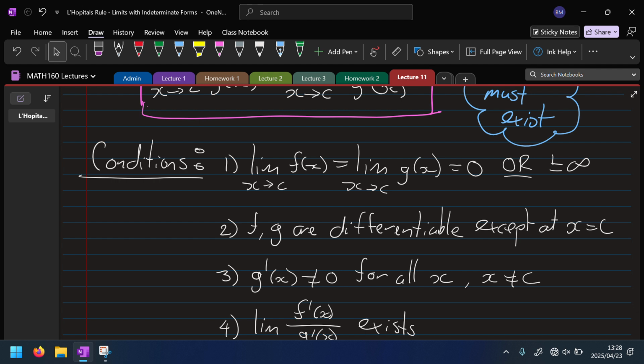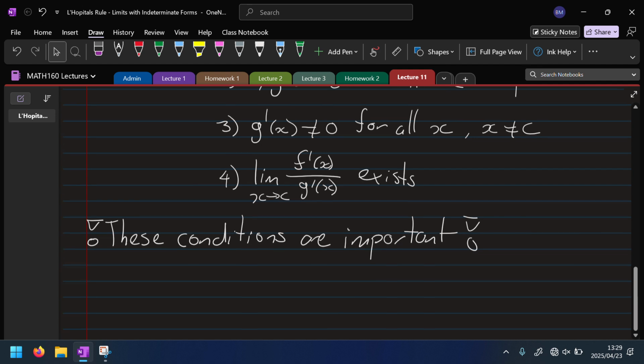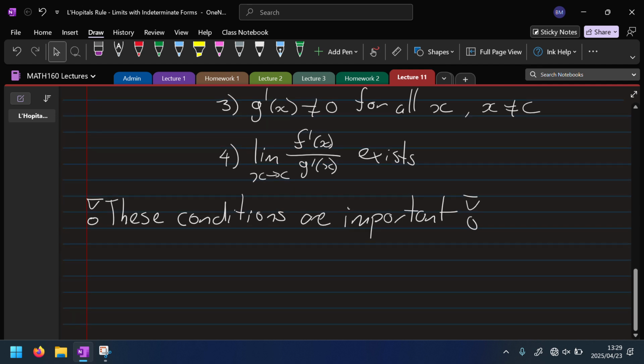So if you use L'Hopital's rule, you get one answer. If you use a method we learned before, you get another answer, and they don't match up. Or maybe number 3, you don't check number 3. And again, using this method, you'll get one answer, which is wrong. Using another method, you'll get the right answer. And again, there's that mismatch between them. So it's always important to check the conditions.